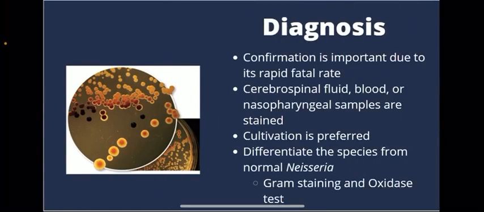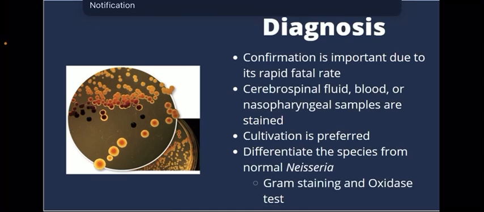So diagnosis. Confirmation of the disease is extremely important. It is a very rapid and pivotal process, and it has a very high fatality rate in severe cases. So you want to begin with a staining and observation as the first step of the process. Cerebrospinal fluid, blood, and nasopharyngeal samples are where this process will begin.